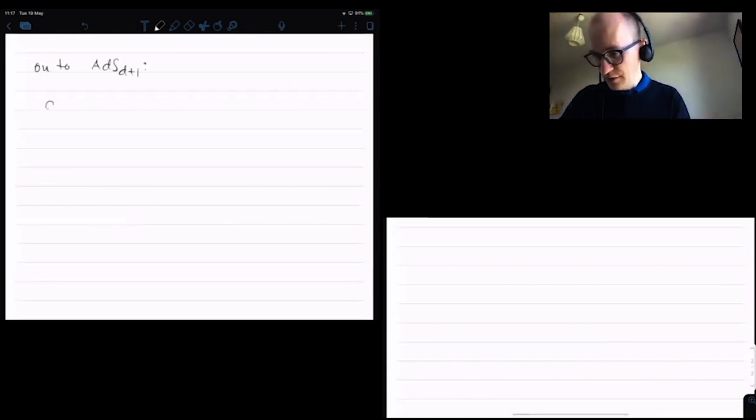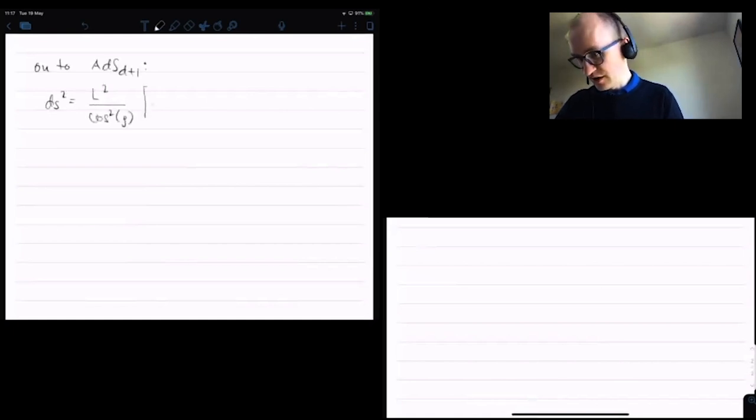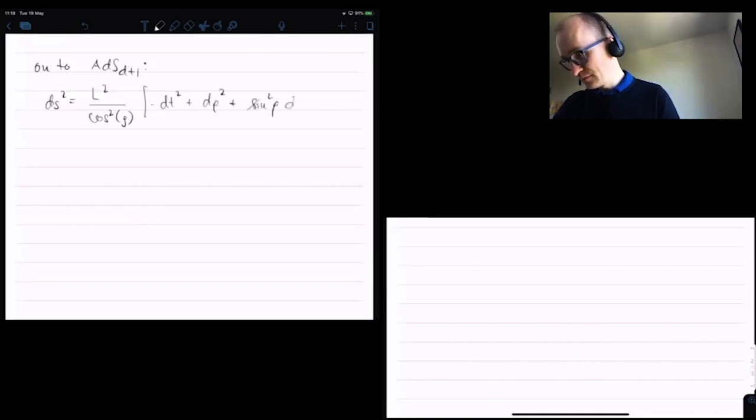So we have the metric, I remind you, of L squared over cosine squared rho times minus dt squared plus d rho squared plus sine squared rho d omega d minus 1 squared.